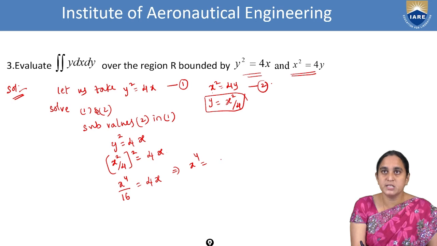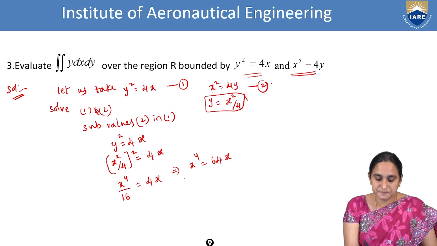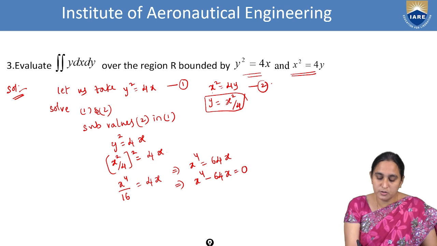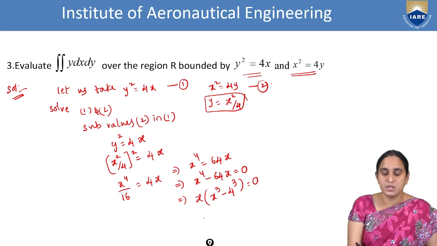Taking cross multiplication, x⁴ = 16 times 4, which is 64x. So x⁴ minus 64x = 0. Taking x common, x(x³ minus 4³) = 0.